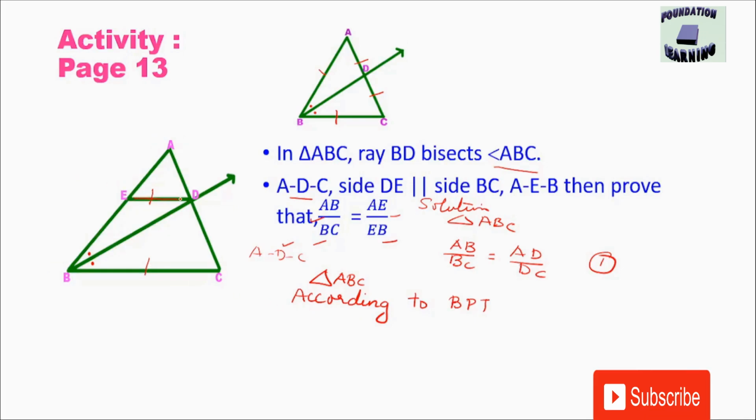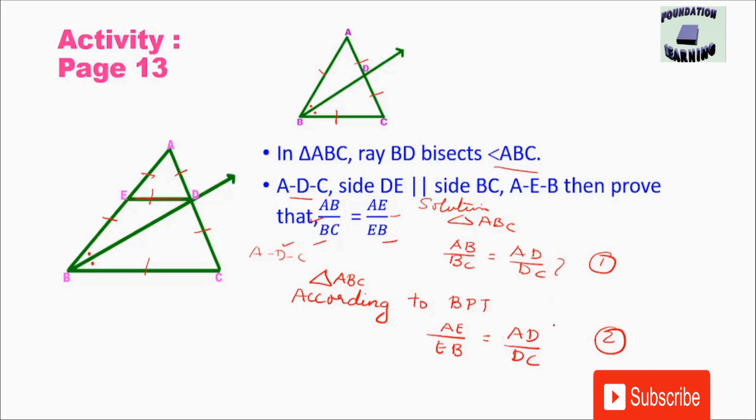ED is intersecting side AC. So the sides which will be in proportion will be AD upon DC equal to AE upon EB. So we will write here AE is to EB is equal to AD is to DC. This is the second equation.